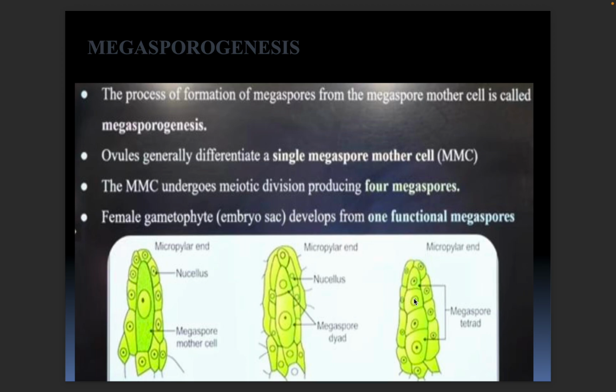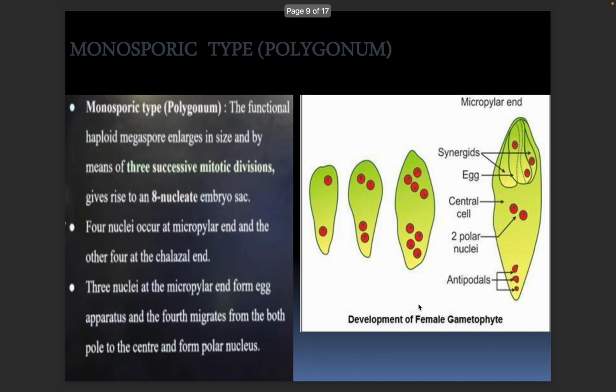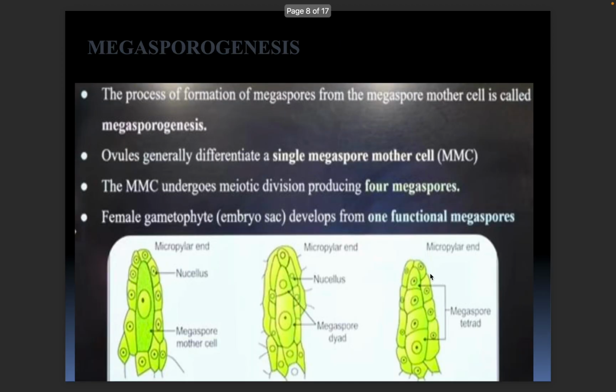All of them do not have the potential to lead to the formation of an embryo sac. Only one will have. So what will happen to the three of them? The three of them get degenerated, they'll be dissolved, and only one will be left to form the embryo sac.